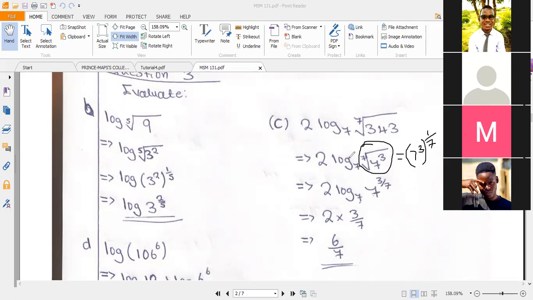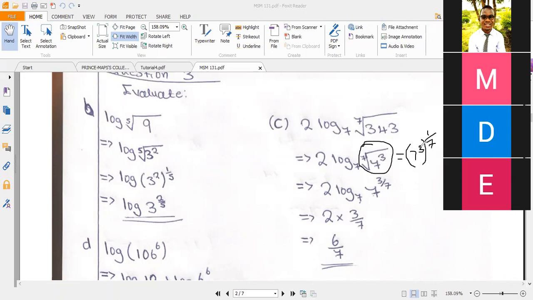All right, so we have that the 7th root of 7 to the power 3 is the same as 7 to the power 3 to the power 1 over 7. But then this 1 over 7, if we multiply it with 3, what are we going to get? We're going to get 7 to the power 3 times 1 over 7 is just 3 on top.